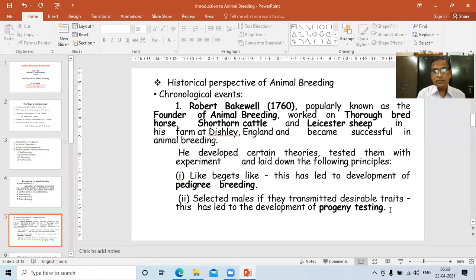When the villagers recorded it, Robert Bakewell observed which sire performed well. The sire that performed well he took back to his farm and used for breeding there. In this way he selected the sire on the basis of the performance of its progeny. Today we call this progeny testing. This type of mating or breeding system he applied.